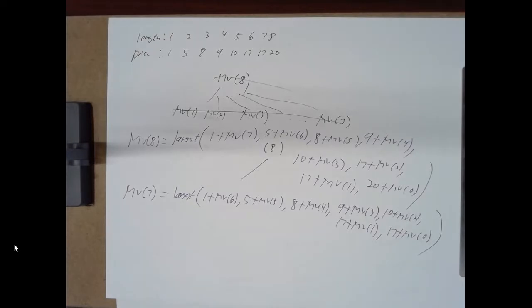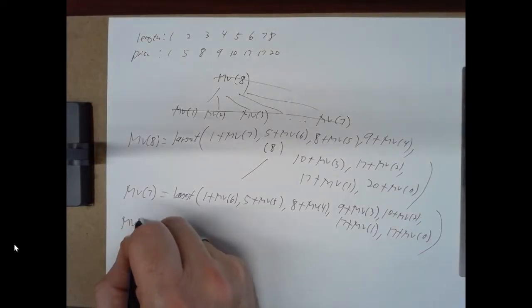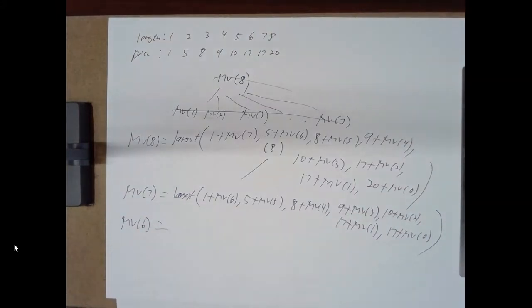And it's not as bad. We only got to find 7 values there. And we can keep doing this. And eventually we'll come down to where we're trying to find the max val of something of length 0, and that's just 0. And then our recursion starts bubbling back up.